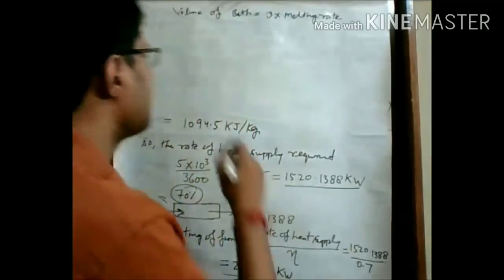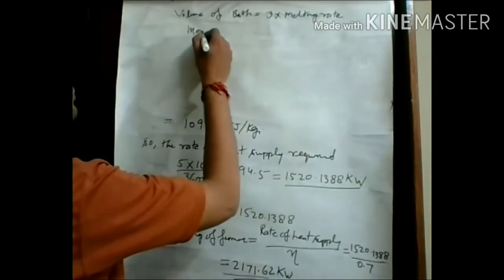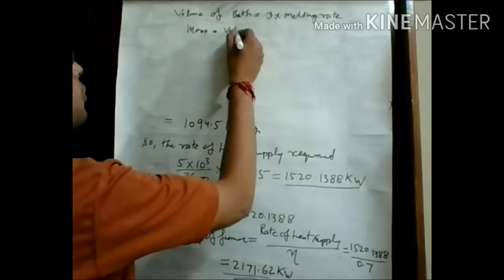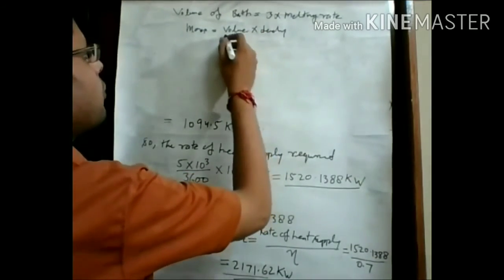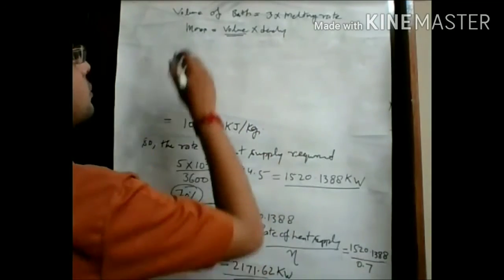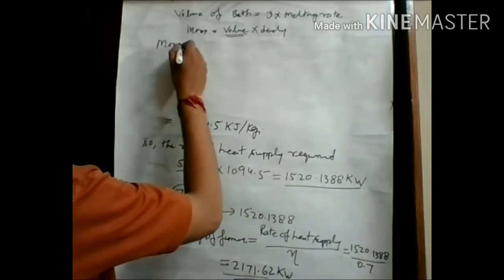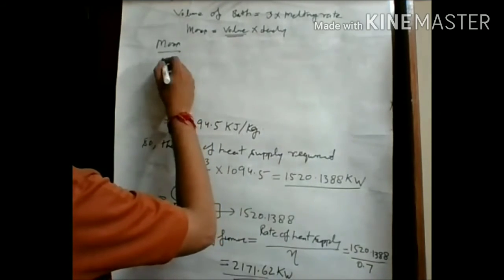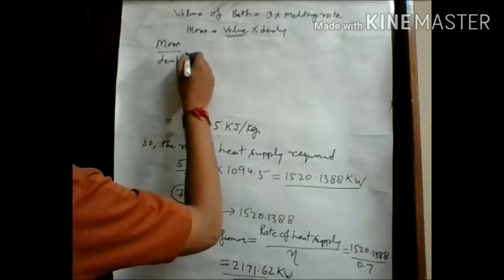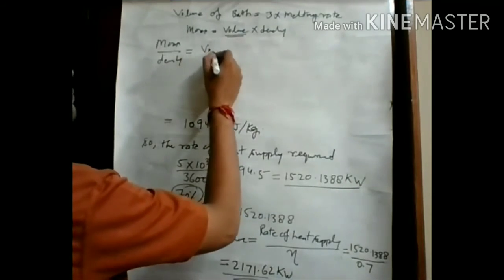So we know that mass equals volume into density. We want to calculate the volume, so volume equals mass upon density.